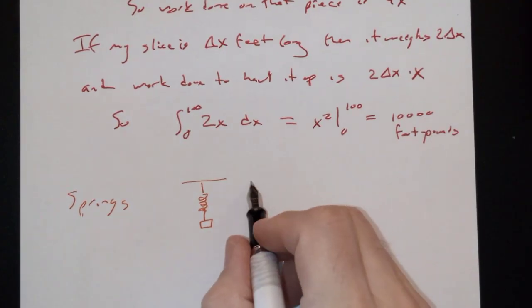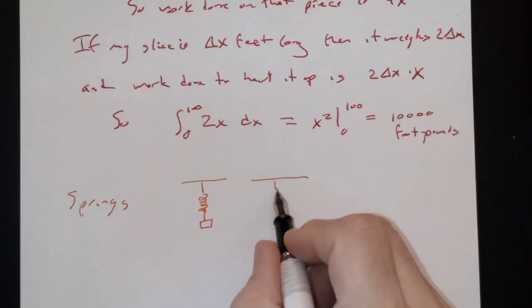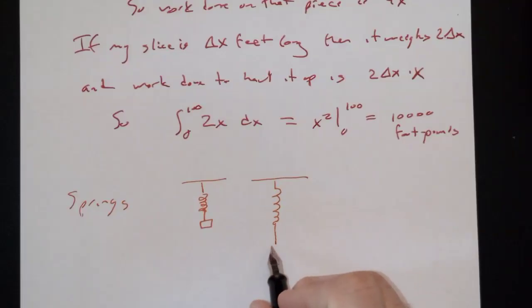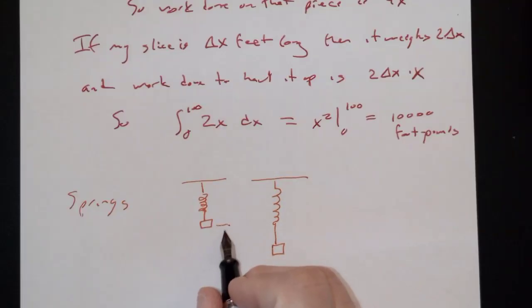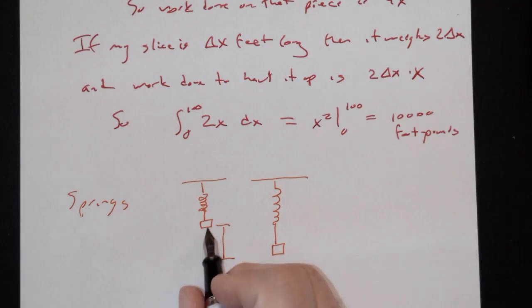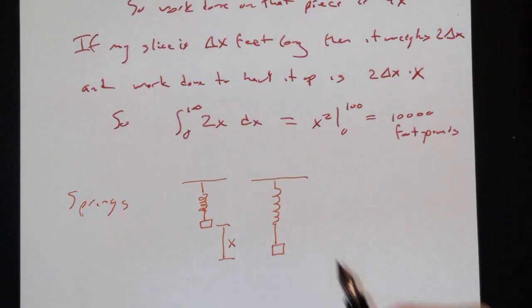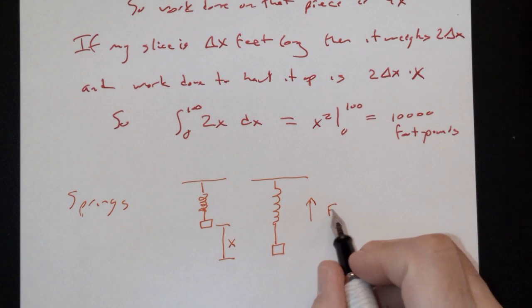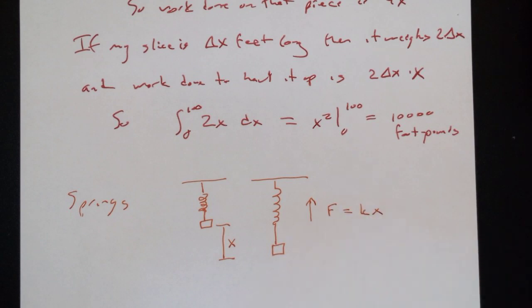So if I take this spring and I move it so that the bottom of the mass has moved some distance, then there is a force being exerted by the spring.